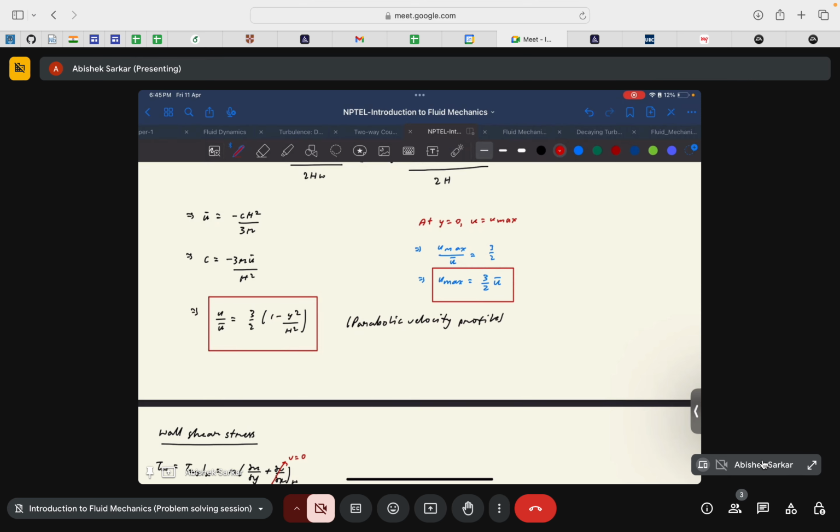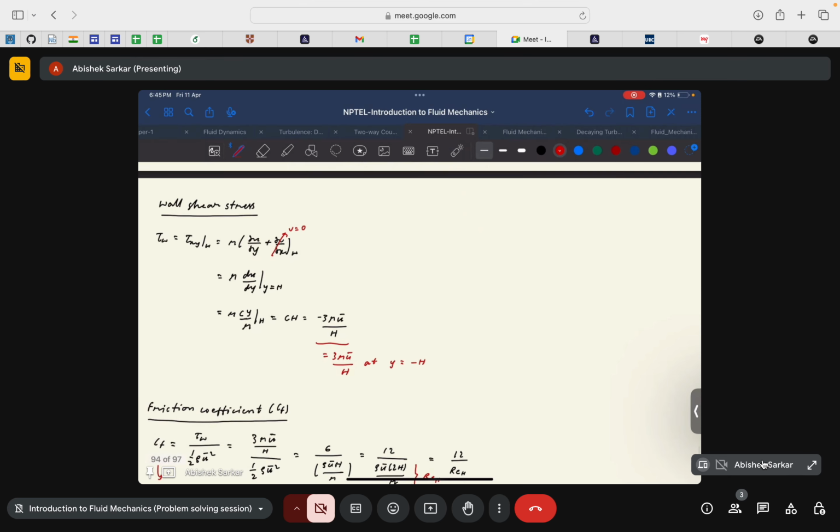Then we look into the expression for the wall shear stress. The shear stress at the wall can be found out as the value of this tau xy, that is mu times dou u by dou y plus dou v by dou x at the wall. So again, v is 0, so we are only dealing with mu dou u by dou y. Again, u is only a function of y, so we can replace this partial derivative by a complete derivative.